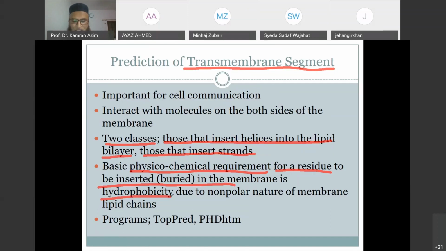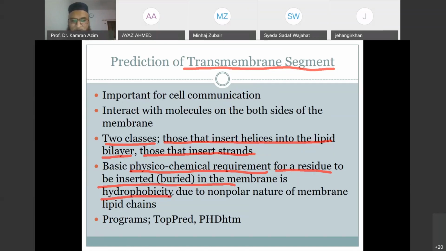It means that those amino acids which are buried in the membrane should be hydrophobic in nature, because the lipid bilayer is also hydrophobic in nature.